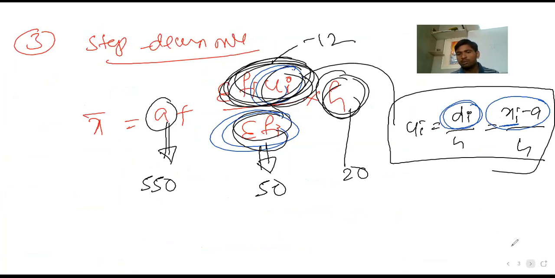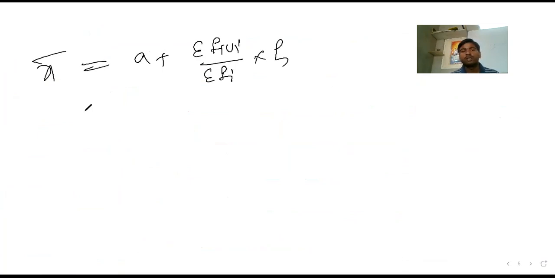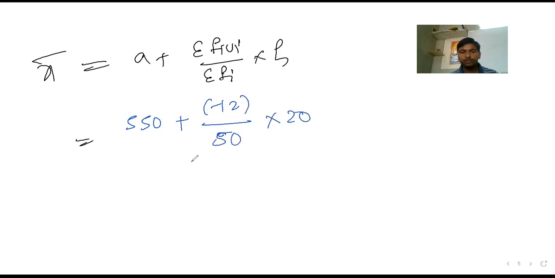So freshly I'll do all these things. A plus sigma fi ui by sigma fi into h. This is the formula for your step deviation method. So how much do you get, the A value? 550 plus minus 12, this value, how much is it? This is sigma fi 50, class height is 20.